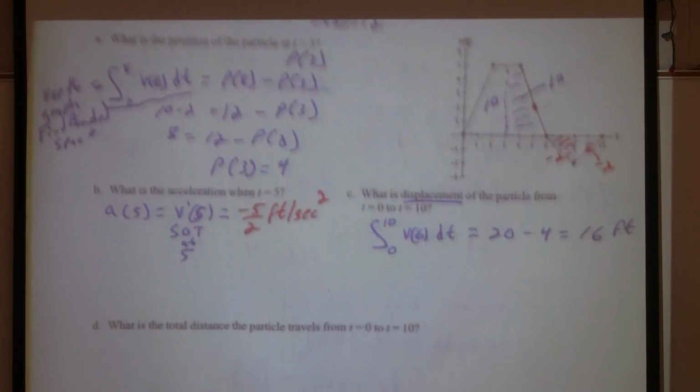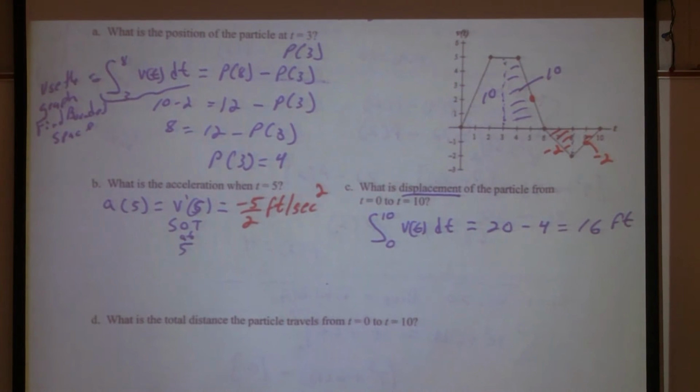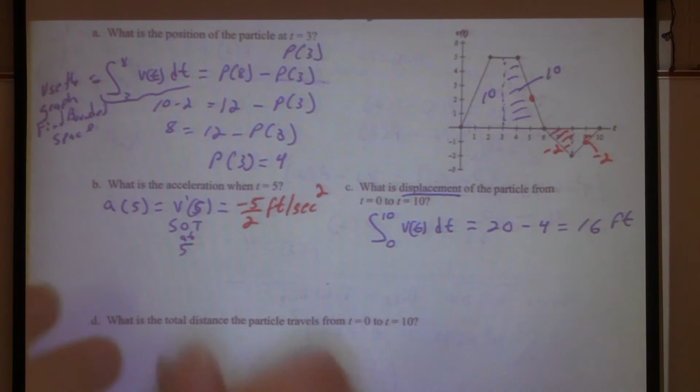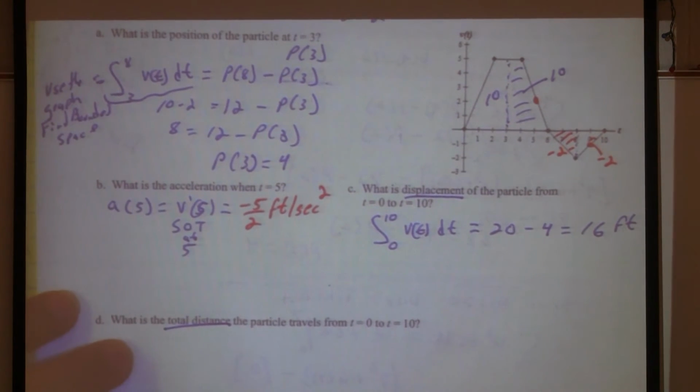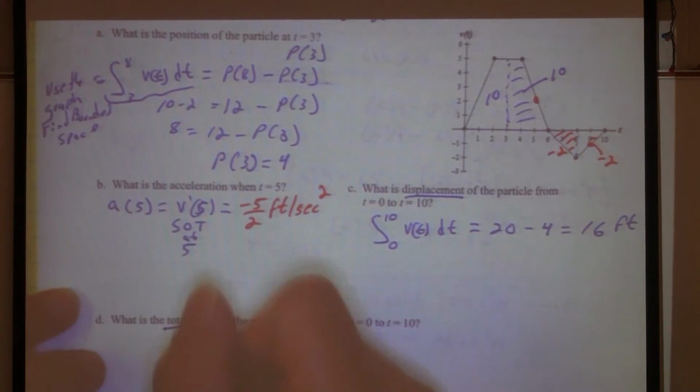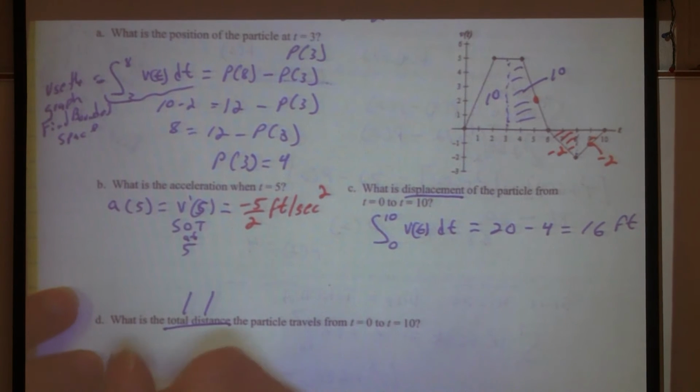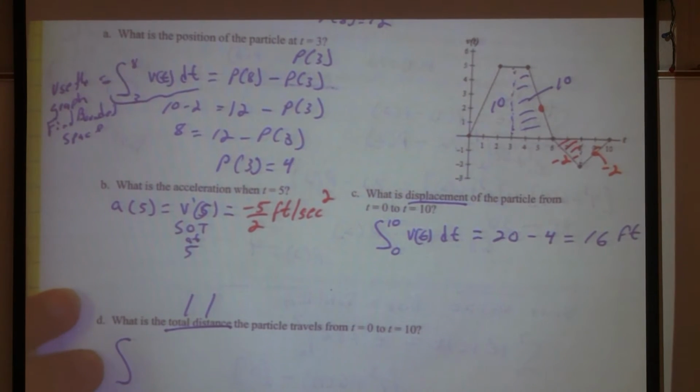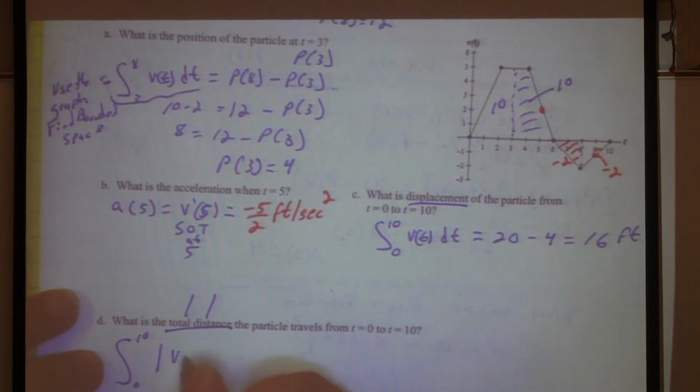And the last one, letter D. What is the total distance the particle travels from t equals 0 to t equals 10? So total distance, now we want what? The absolute value, right? So it's going to be the integral from 0 to 10, but now of the absolute value of velocity.